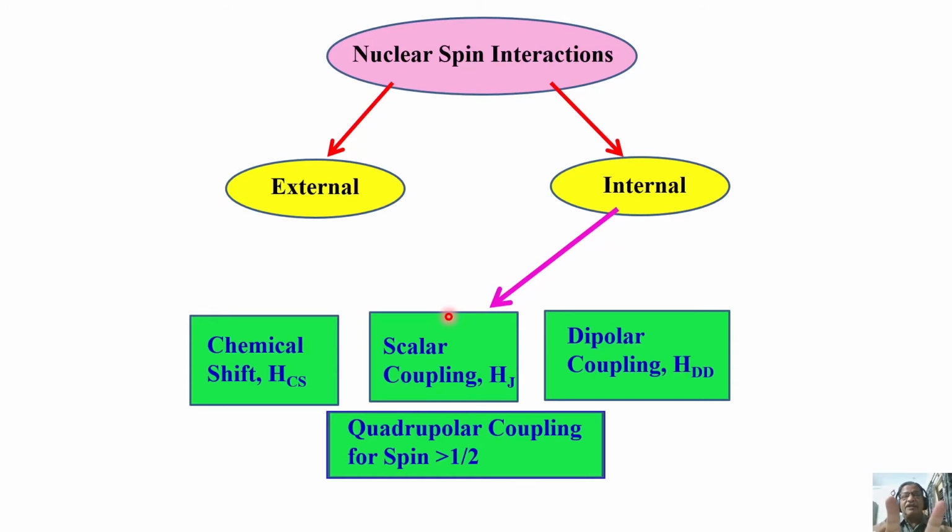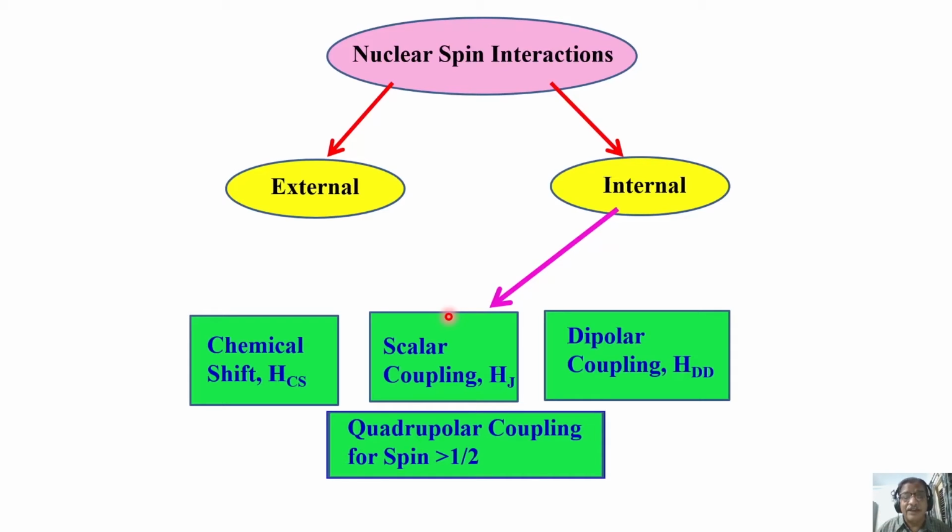Just imagine two magnets. You keep one magnet far away, the other magnet far away. There won't be any interaction. As you bring them closer and closer, and you come very close, you would have seen it in your school days or early college days: these two magnets, when they come close, have an interaction, either attraction or repulsion, depending upon the way you bring them closer.